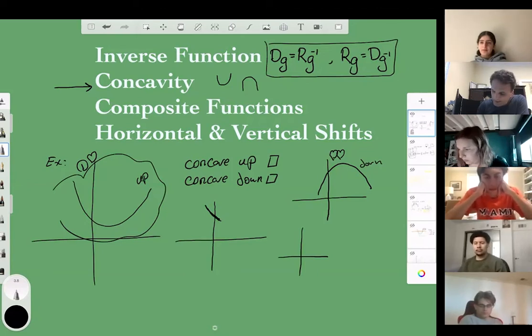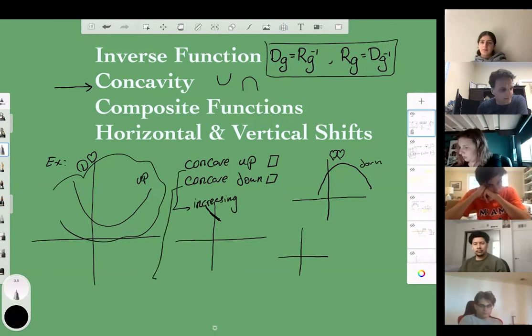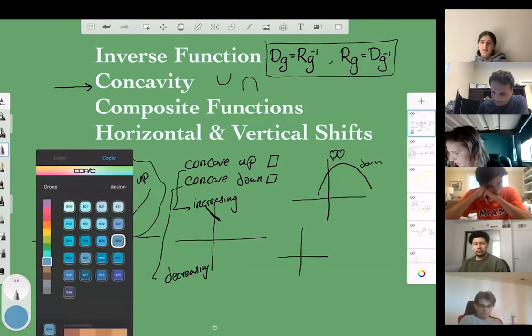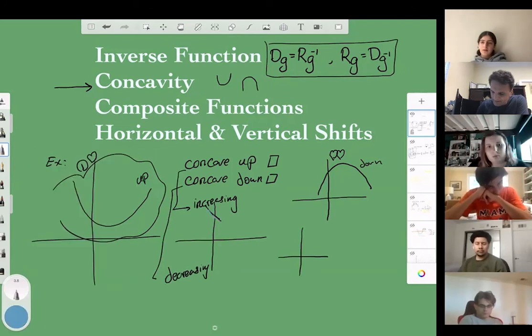So it is concave up if it is increasing, and concave down if it is decreasing. So in my example, this is decreasing, so it will be concave down.